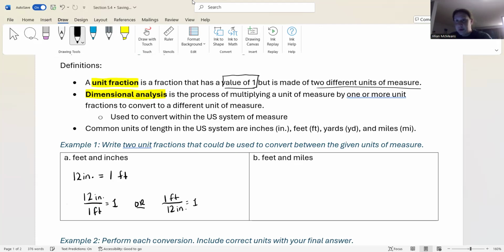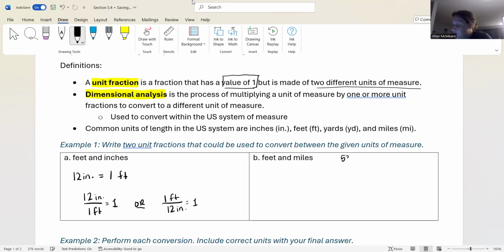For each conversion there are two unit fractions we could use. It's important because in dimensional analysis we're canceling units, and in math things cancel top versus bottom, numerator versus denominator. So we have to be mindful of which unit fraction we use when we start the actual converting. Now for part B, we have feet and miles.